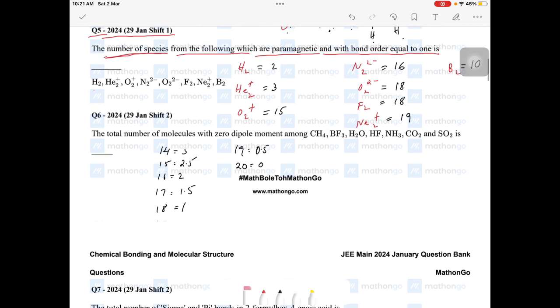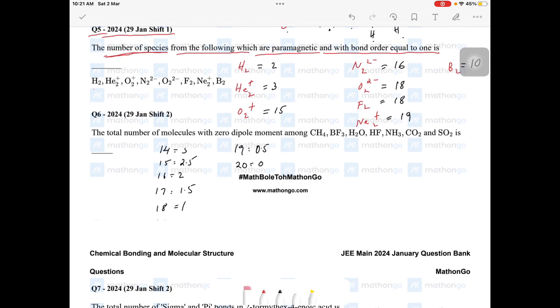Now take He2: bond order 1, but it is diamagnetic. Why? Because it has an even number of electrons. We'll think about He2 plus. O2 plus has 15 electrons, bond order 2.5, not equal to 1.